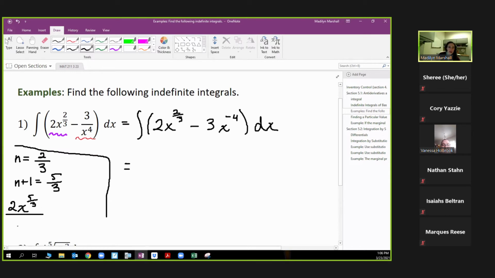And that whole thing is going to be divided by the new power, which is dividing by 5/3. So we need to remember that that's actually the same thing as doing 2 times 3/5 x to the 5/3.